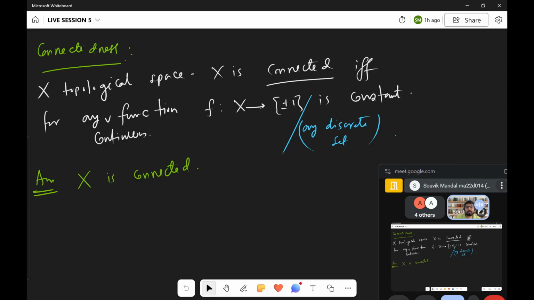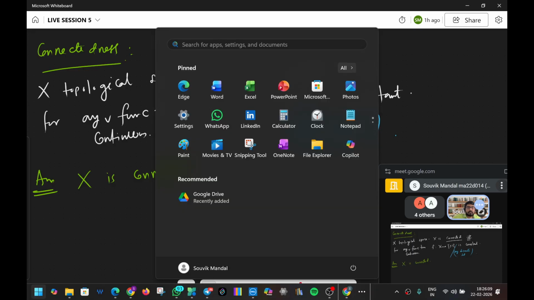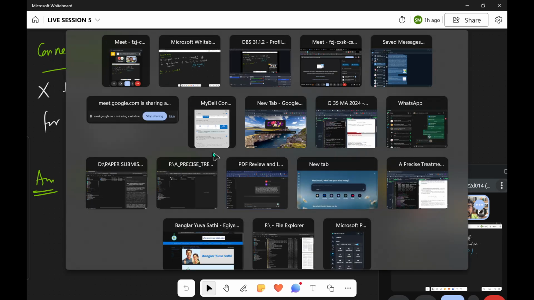Can anybody solve it, or at least tell how to start? This is very easy actually, so there is nothing to think too much. Anybody please unmute yourself and tell me how to solve this.